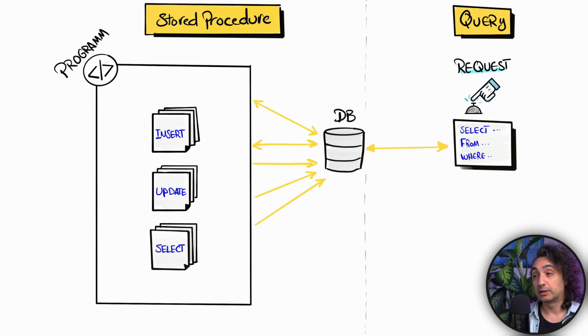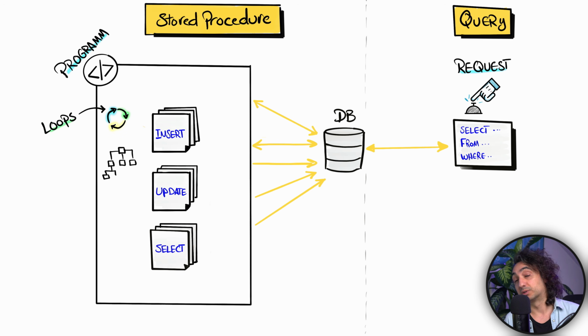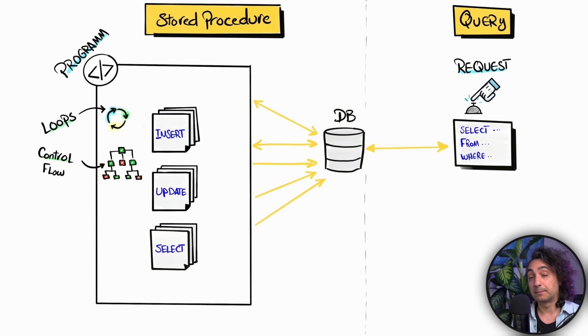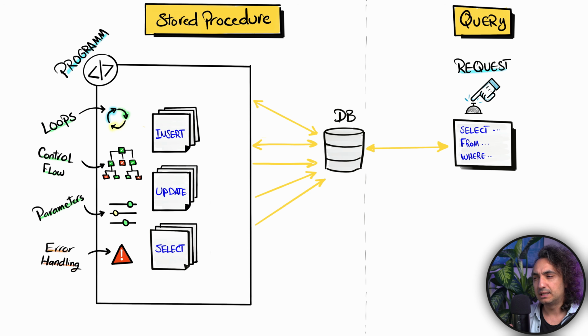For example, you can build looping logic where we iterate through something, or you can build a control flow where you have logic like if-else statements. So there are different paths in your code, and as well in programming we have parameters and variables in order to make our code dynamic and flexible, and we can build error handling in our code in order to customize what happens if there is an issue.